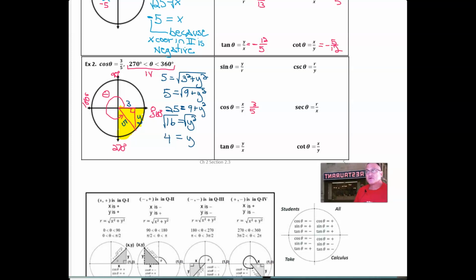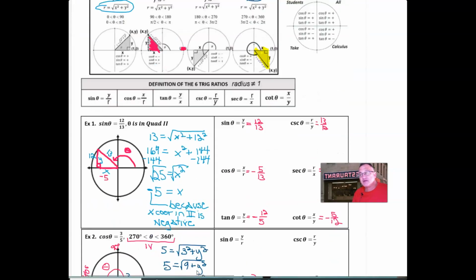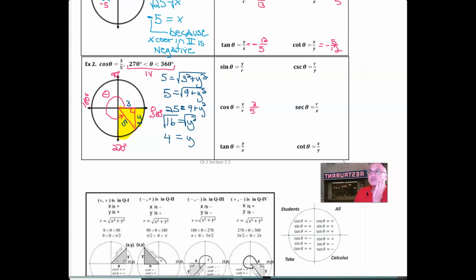Now I'm in the fourth quadrant, and in the fourth quadrant the y-coordinate is going to be negative. So that 4 is actually going to be negative 4. Now we take those values, the y, the x, and the r, and we fill in our ratios. So y is -4 and r is 5.